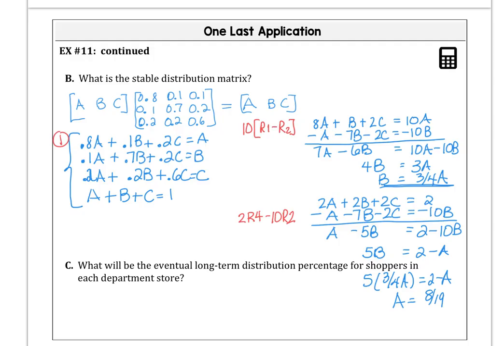If A is 8/19, we can go back and substitute for here. And A is 8/19. B turns out to be 6/19. And C turns out to be 5/19. So we have our stable distribution matrix.